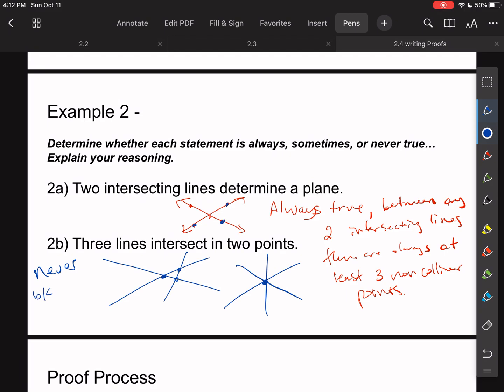because, in order for 3 lines to intersect in 2 points, 2 of the lines would have to be the same.